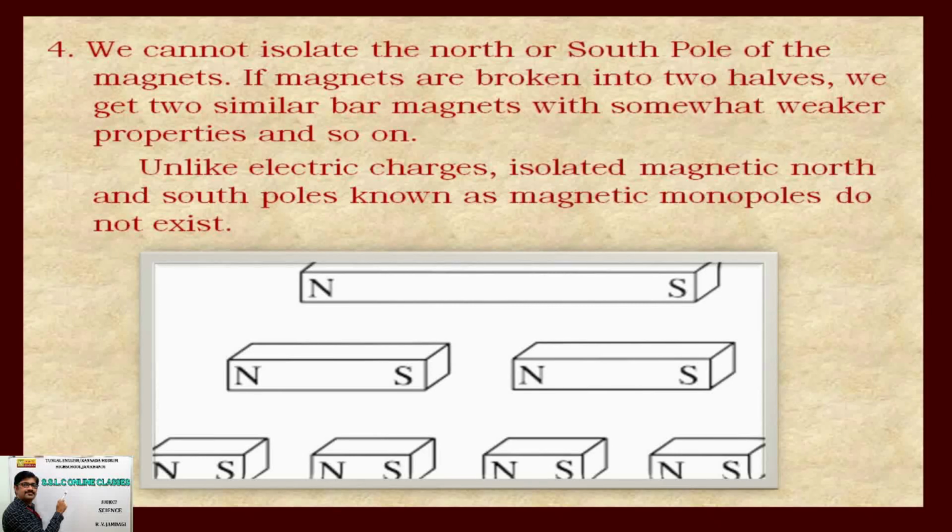The only change is that the magnetic property or the field reduces each time. In the case of electric charges, there is a chance of an electric monopole, but in the case of a magnet there is no question of a monopole, meaning a single pole. In this case it is impossible.